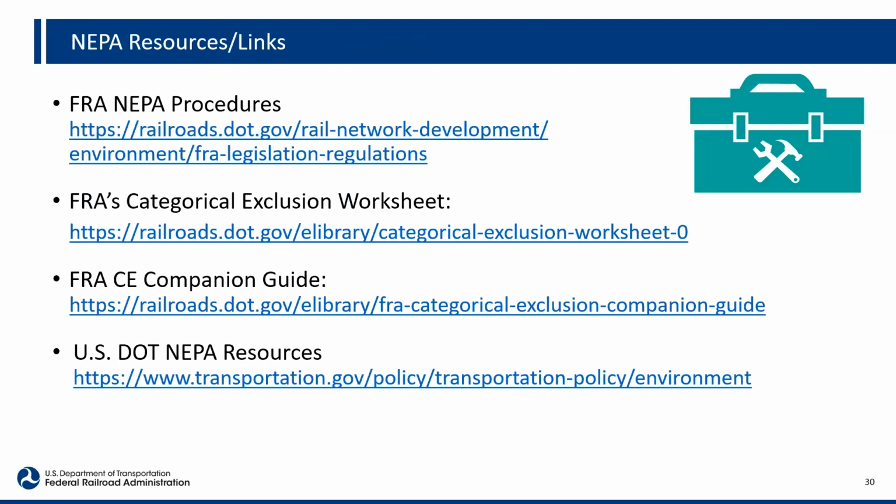And as I already talked about before, we have a categorical exclusion worksheet that you should definitely familiarize yourself with to understand the types of information that we're looking for, as well as the CE companion guide that provides a little bit additional context and description to help you understand the type of information, how to fill out that CE worksheet. We also have the USDOT has NEPA resources, and that link will provide you with a lot of additional resources that are provided by USDOT.